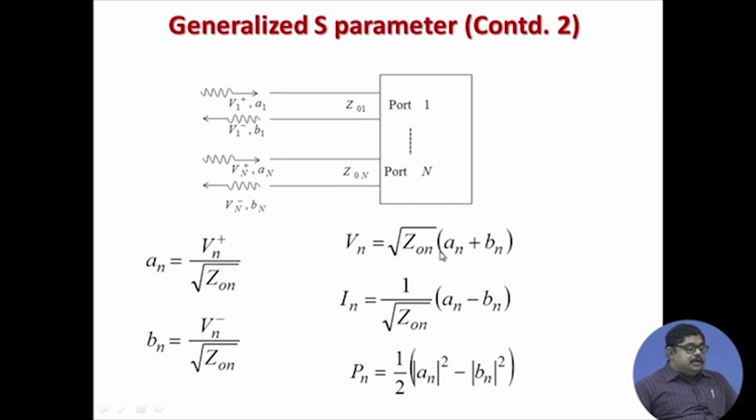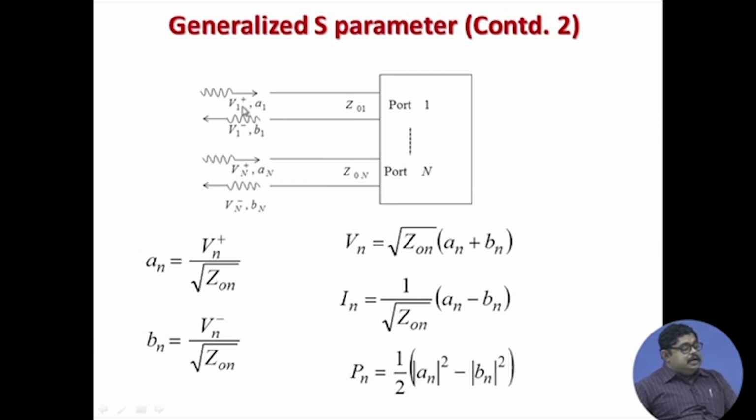So, the beauty is here: if you write now V n, the total voltage here, that will be dependent on the square root of Z 0 n, and I n will also be dependent on Z 0 n. P n is also expressed, but you see that in the P n expression there is no impedance coming. So, voltage and current in this new generalized form are impedance dependent, but power is not if you write it in terms of A n.